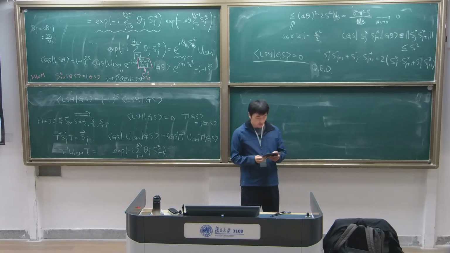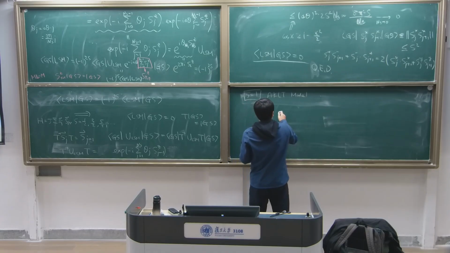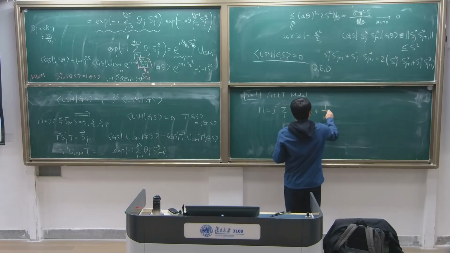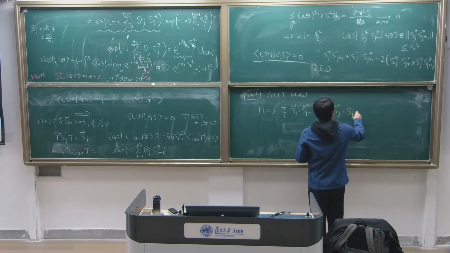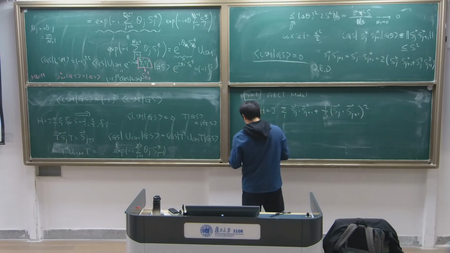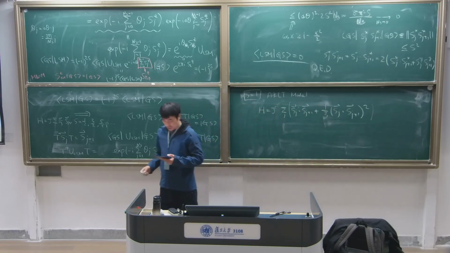Fine. So now we'll move on to S equals 1, the AKLT model. The Hamiltonian is given by something like this, a sum over J of spin operators.